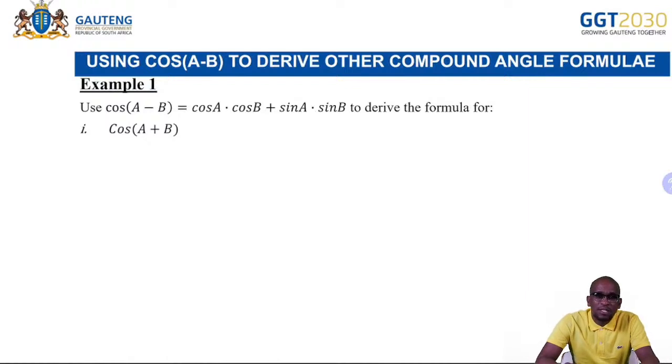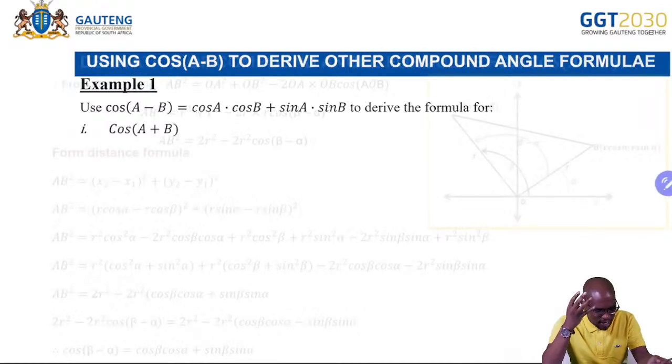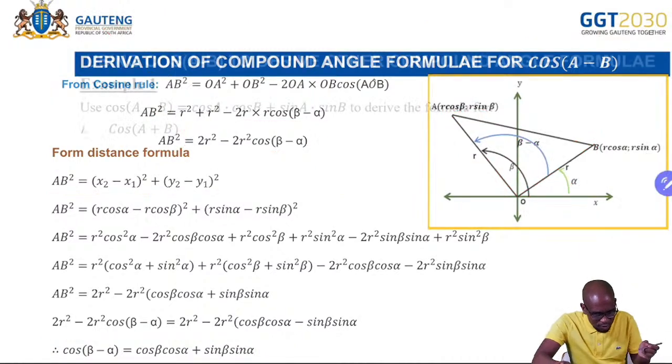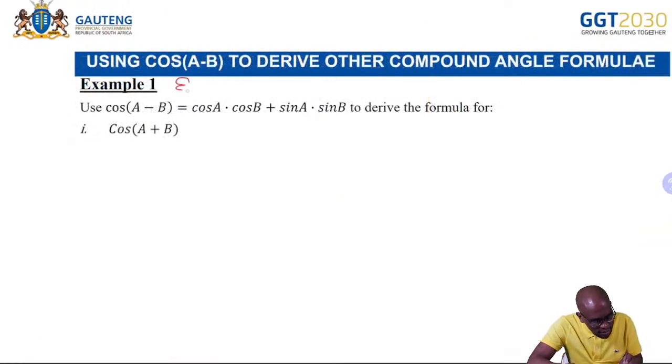We are now starting with the application, but before we do the application, we are going to learn how to derive, because there are 4 compound angle formulae, and here we just derived one. So we are going to use the fact that this one is true to derive the other formulas, which is very much examinable.